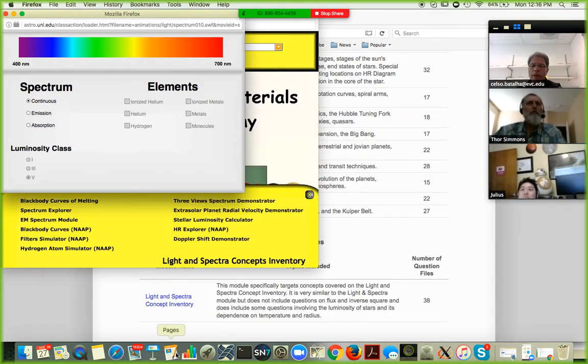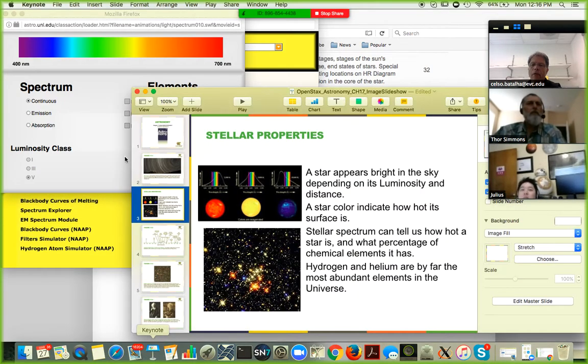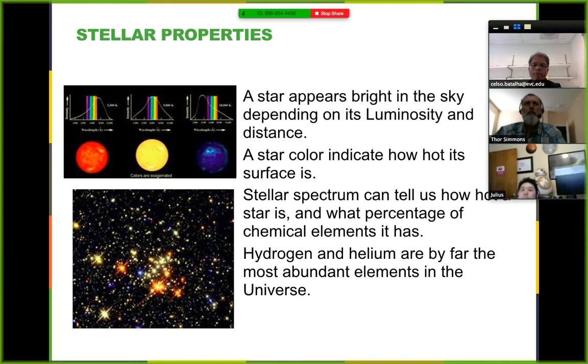So let's go back to the PowerPoint. Now, the other one is luminosity. And it's important that we learn to differentiate what luminosity and brightness are. So luminosity is a quantity that measures the amount of energy that comes out of objects.